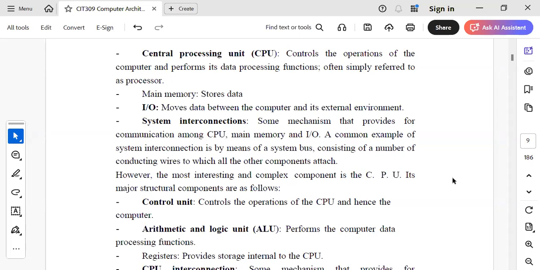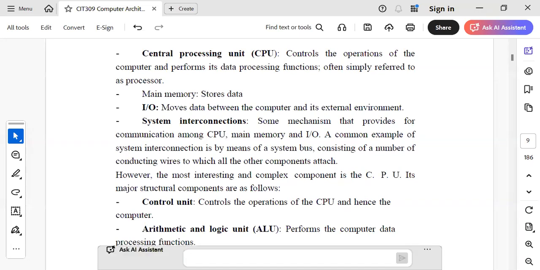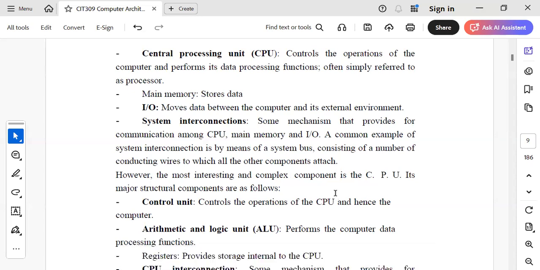However, the most interesting and complex component is the major structural components are as follows. Please, explain the ones you've read so far, because I'm somehow lost now. Okay, sir. I just read four main structural components. This is the first one, the CPU, the second one is the main memory, the third one is input and output, the fourth one is system interconnection.